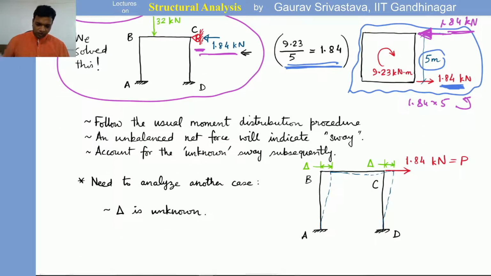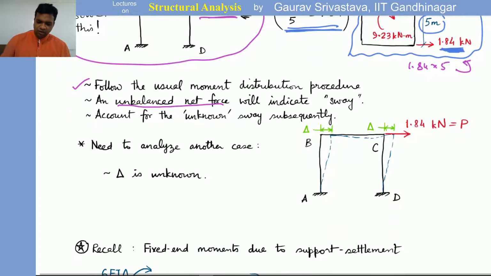So for any problem, we follow the usual moment distribution method. If there is an unbalanced net force, that will indicate there is a sway. Of course, this amount of sway is also unknown. But if we see that there is a net imbalanced force, then we have to account for this.